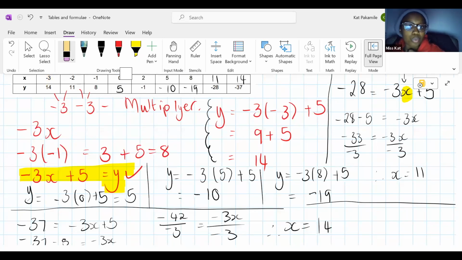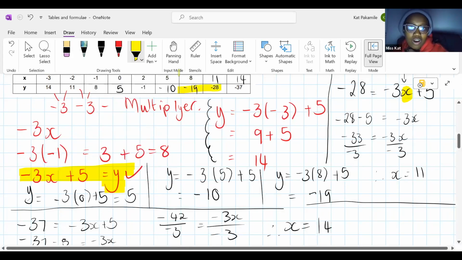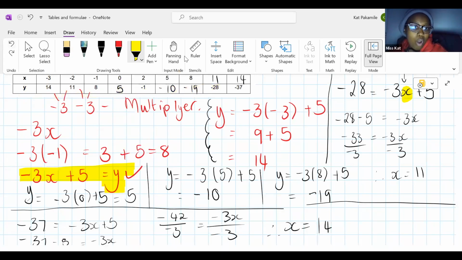So you put 0 where there is an X. You see? Okay, ma'am. And then if they gave you Y, like the ones at the end here, you see here they gave us -28. You go along the table, see -28 is your Y. So you substitute -28 where you see Y. Okay, I hope I answered your question.